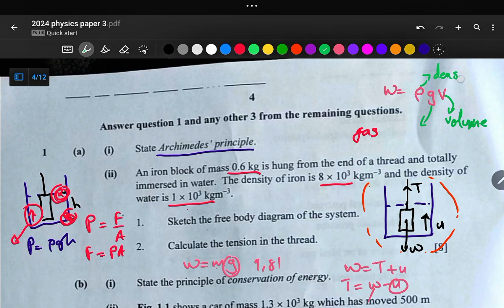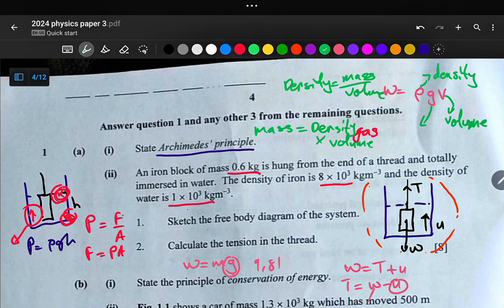From our definition of density, we understand that density is equal to mass over volume. So if we are to calculate mass, we can now say mass is equal to density by volume.